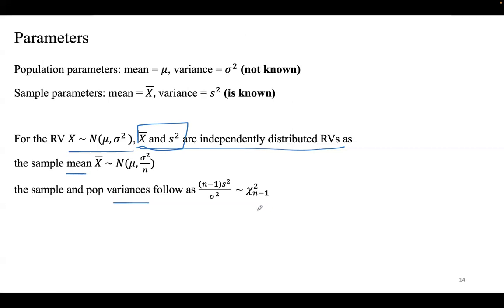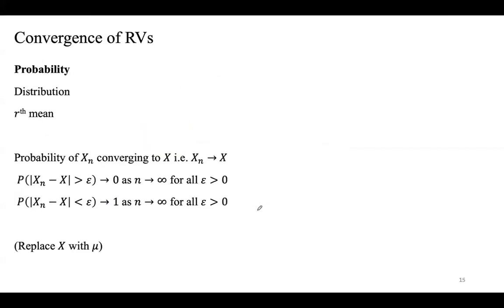And then there was something called the convergence of these random variables, especially in terms of probability, which was discussed this week. So what this expression is telling you: X_n is your random variable.